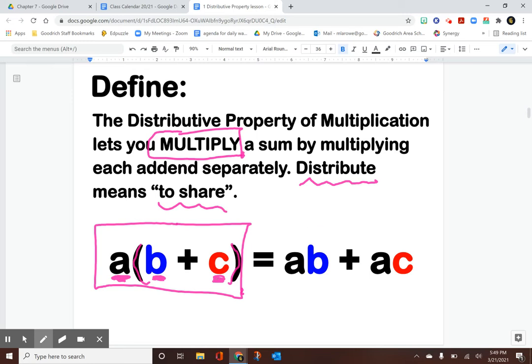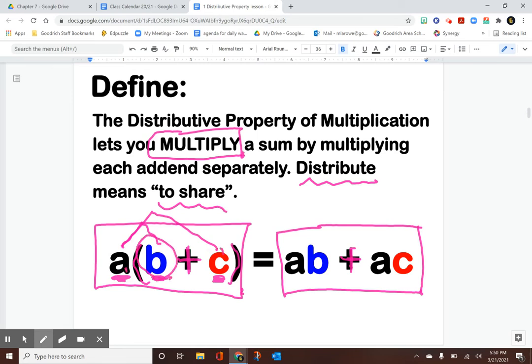But when it's done, it ends up looking more like this, where we multiply A times B and we multiply A times C. Because if we have a variety of groups of B and a variety of groups of C, we can show that there's groups of something just by doing a multiplication of it.